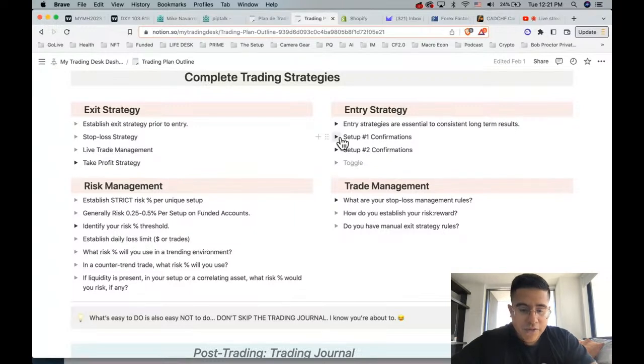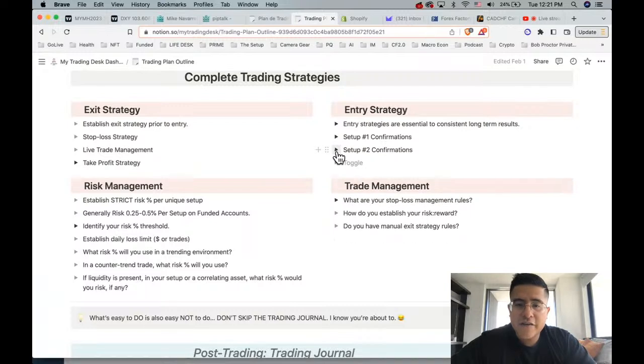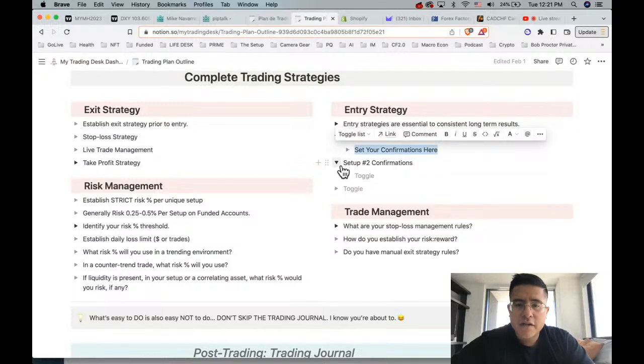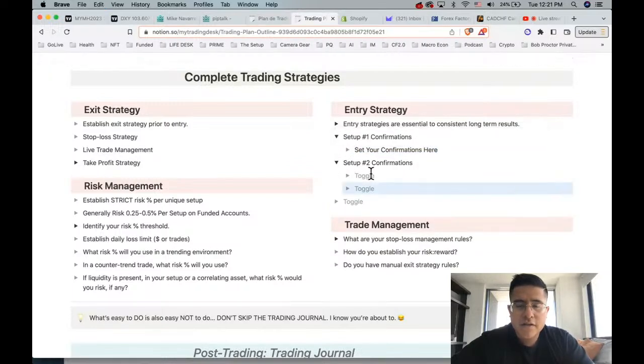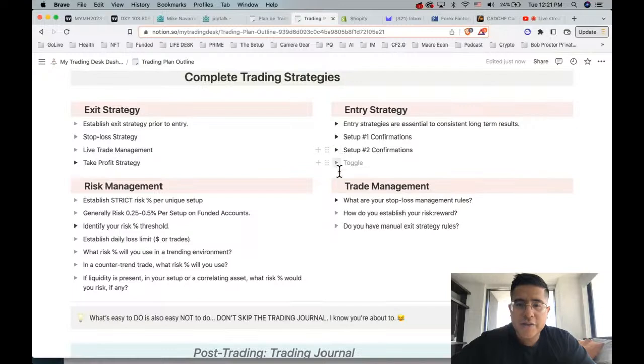Because I know throughout 100 trades, turns out I'm profitable, right? Or maybe you have to make adjustments. So have those confirmations, and you can write these out here for yourself as well. Set your confirmations here. Again, here we go. I'll add that there in case people don't realize what they got to do.